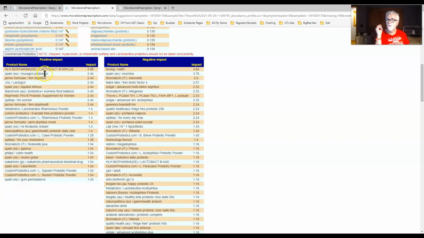So we have a few suggestions for it, and you can go over and take a look at what's in there. Basically the thing I noticed mainly is Lactobacillus rhamnosus is sitting there, and then a couple other things.